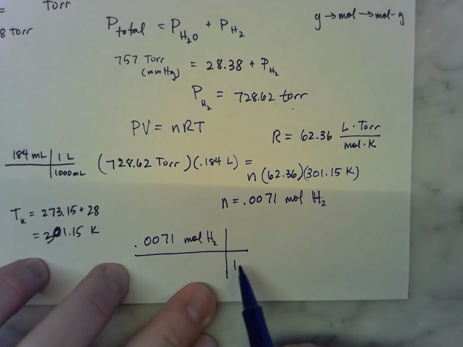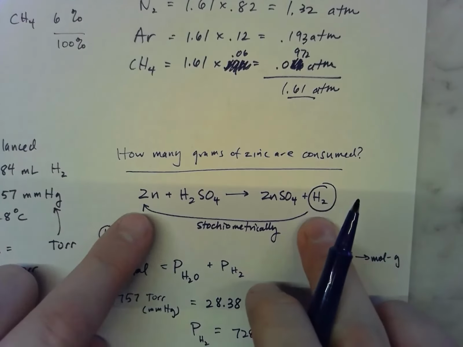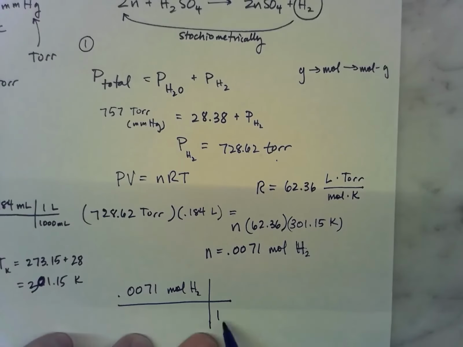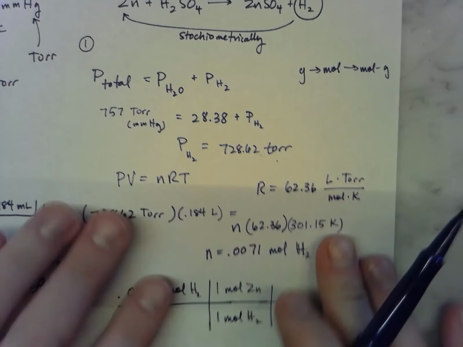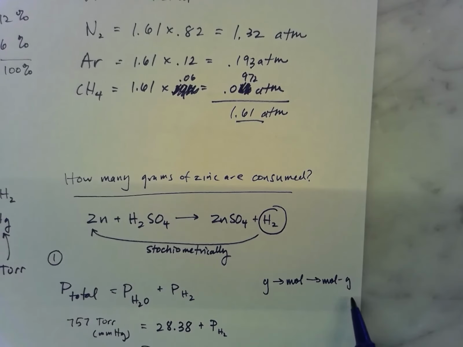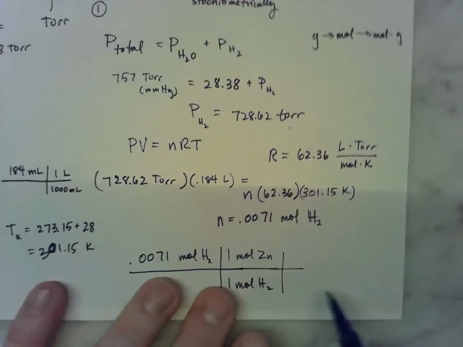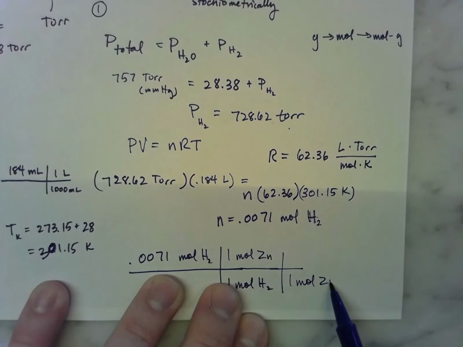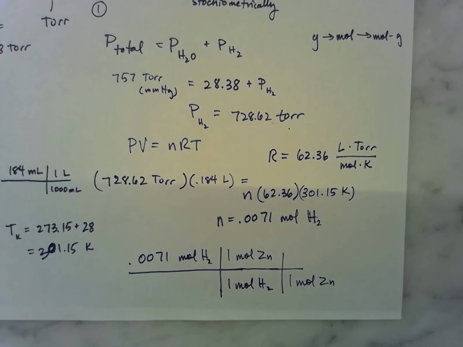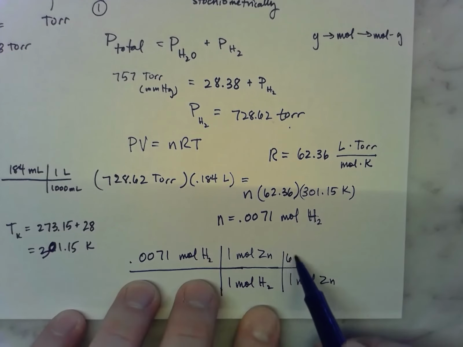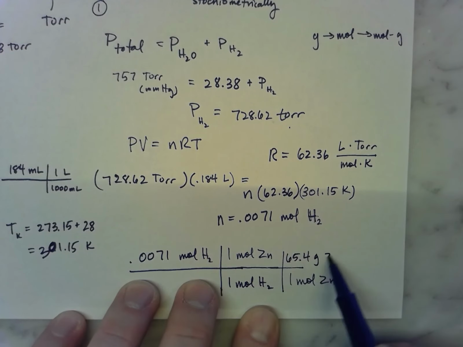Here we have, looking back up here, remember we said it was 1 to 1. So 1 mole of H2 to 1 mole of zinc. And now we got to go back to grams. Okay. And so then we have 1 mole of zinc is equal to, what's our molar weight of zinc? 65.4 grams of zinc.